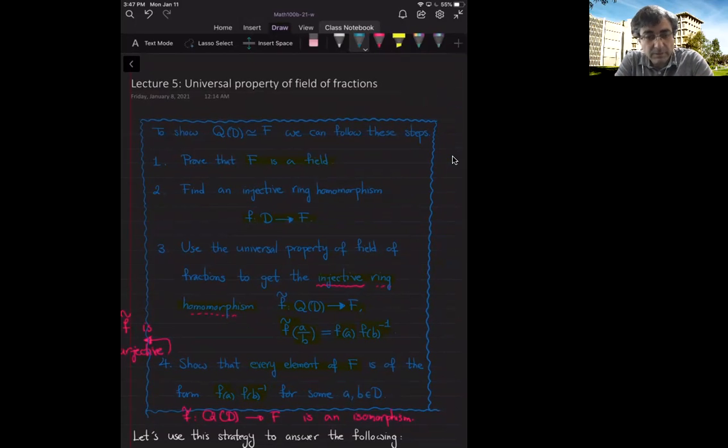The second step is to give an injective ring homomorphism from the integral domain D to F. And then we use the universal property of the field of fractions to extend this embedding to an embedding of the field of fractions of D into F. And finally, we show that this f tilde is indeed surjective. In examples, often the first part and the fourth part are the parts that you need to work on. The second part is often easy. And the third part is automatic out of the universal property of the field of fractions.